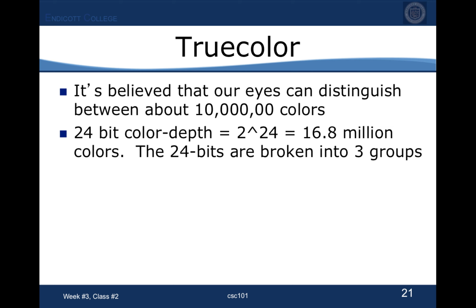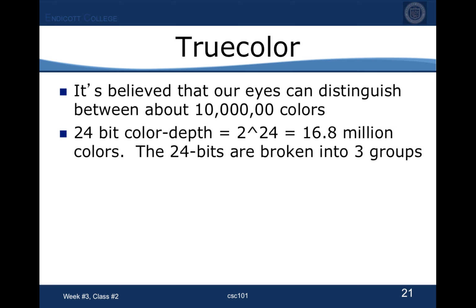Well, this is obviously a hard thing to exactly quantify, but it's believed that our eyes can distinguish between about 10 million different colors. Again, I don't know where they get this from, but who's the poor guy that had to sit there and say, can you tell the difference between this shade of light blue and the other shade of light blue?